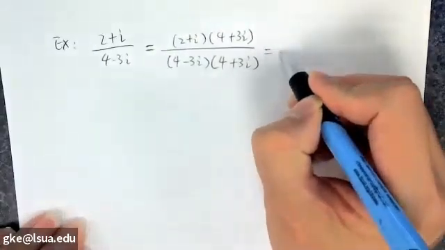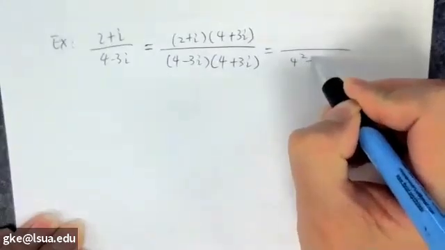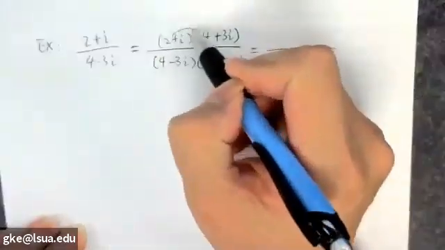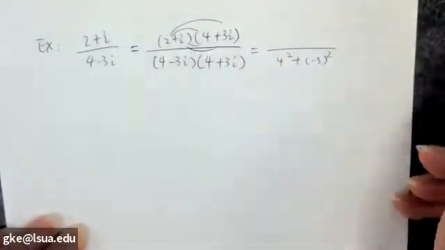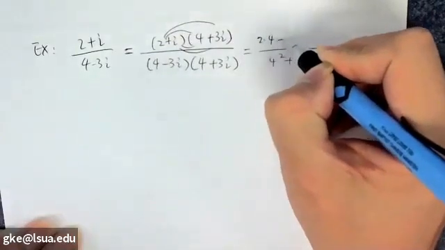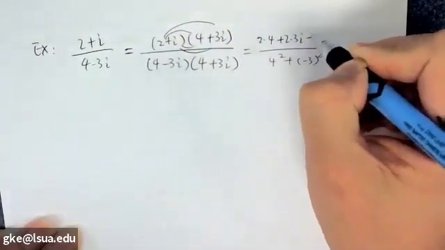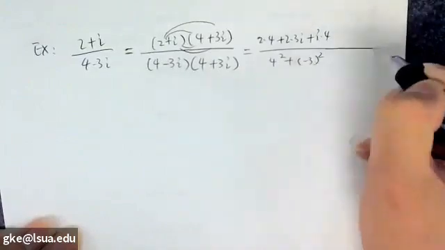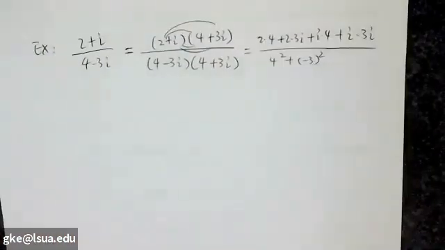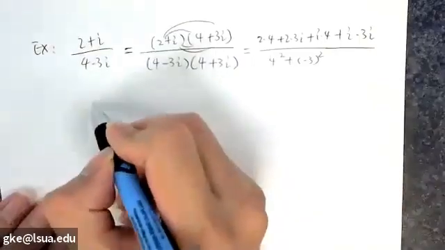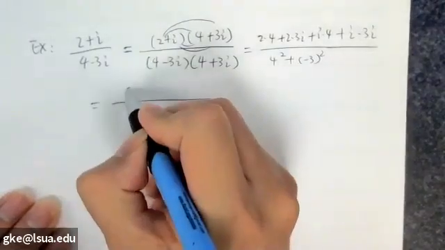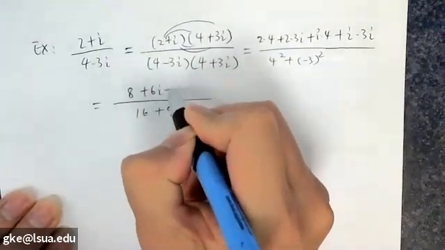For the denominator, we're gonna have 4 squared plus negative 3 squared, a squared plus b squared. And for the numerator, it's gonna be a distribution, right? 2 times 4, 2 times 3i, i times 4, i times 3i.